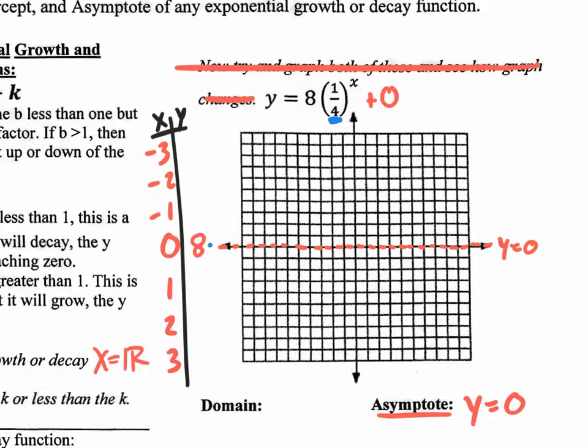If I take the 8 and multiply it by 1/4, and you could use a calculator, of course. Now, multiplying by 1/4 is the same thing as dividing by 4, right? 8 times 1/4, that's 8 divided by 4, that is 2. And then 2 divided by 4, that reduces down to 1/2, right? And then 1/2 divided by 4, that's really like multiplying by 1/4, that's 1/8.